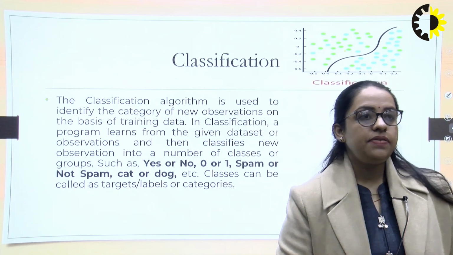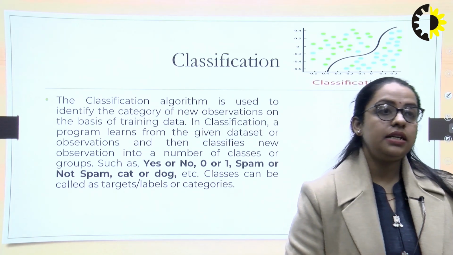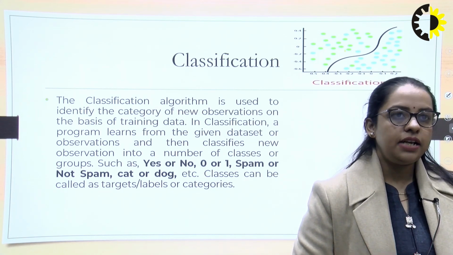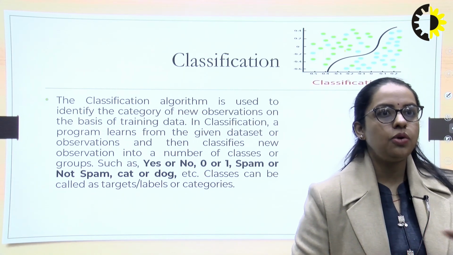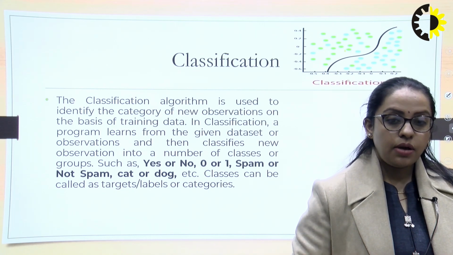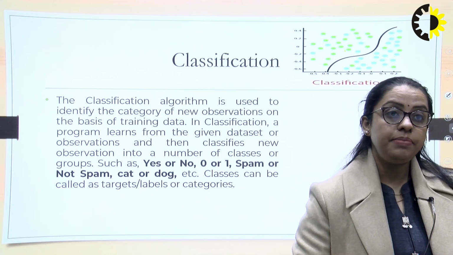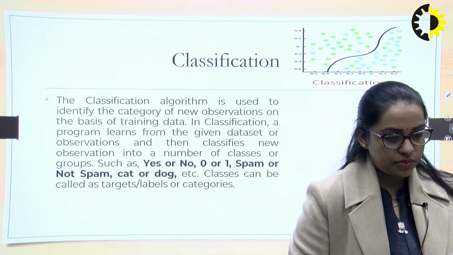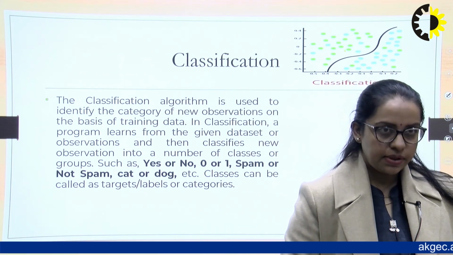So what is a classification algorithm? It is another supervised learning technique which is used to identify the category of new observations, and these new observations will be derived only from the training data set we have just received.